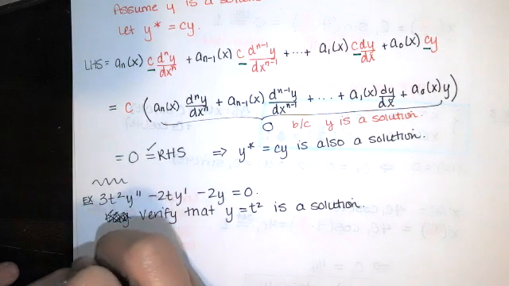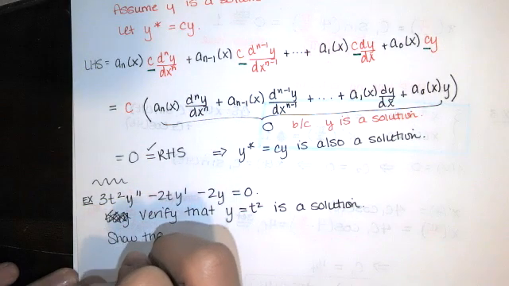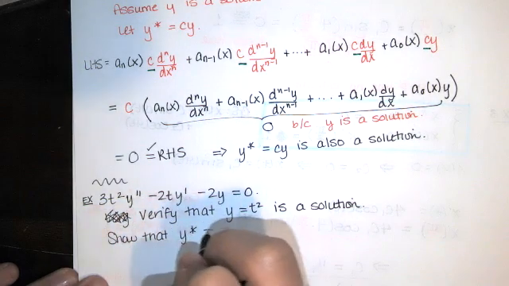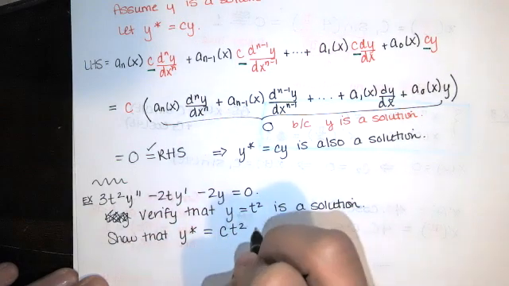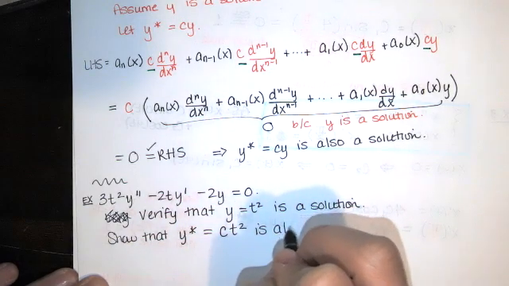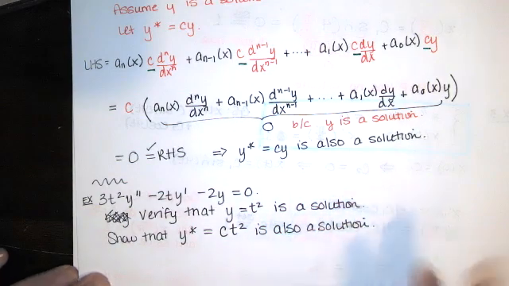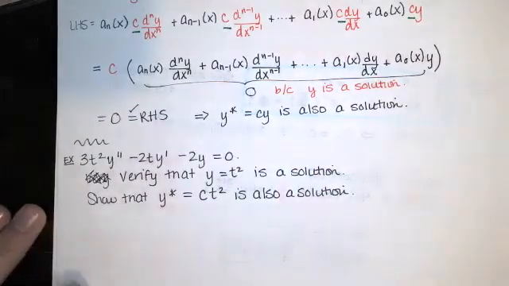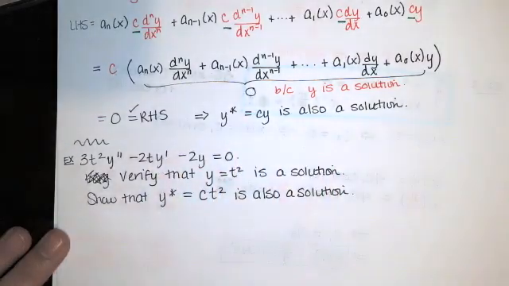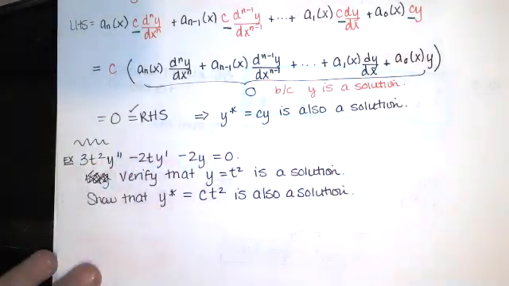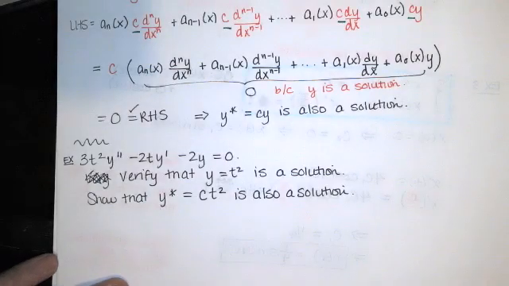And then we want to show that y star equals a constant times t squared is also a solution. In order to verify that y equals t squared is a solution of this, we've got to take the derivative twice and then substitute into the differential equation.